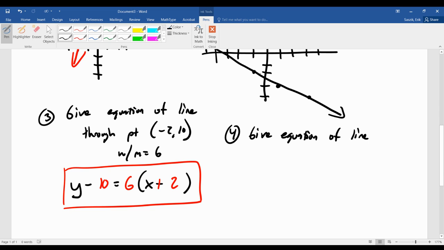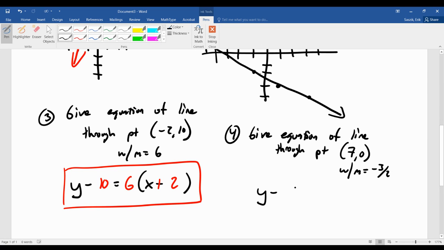Give the equation of the line through the point, oh, let's go with 7, 0 with a slope of -3 over 2.